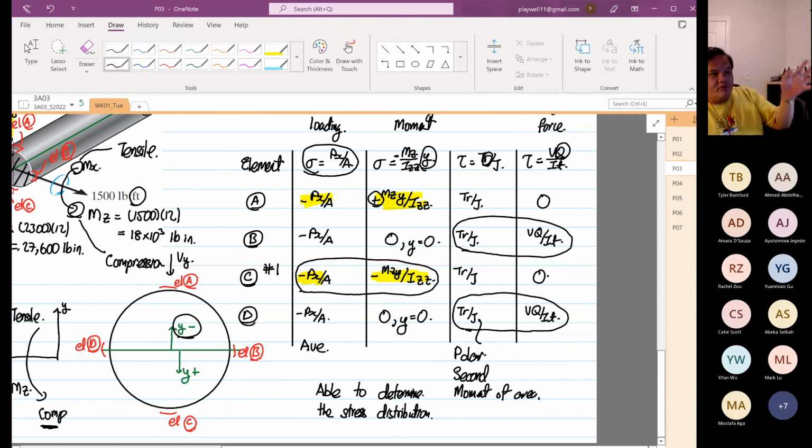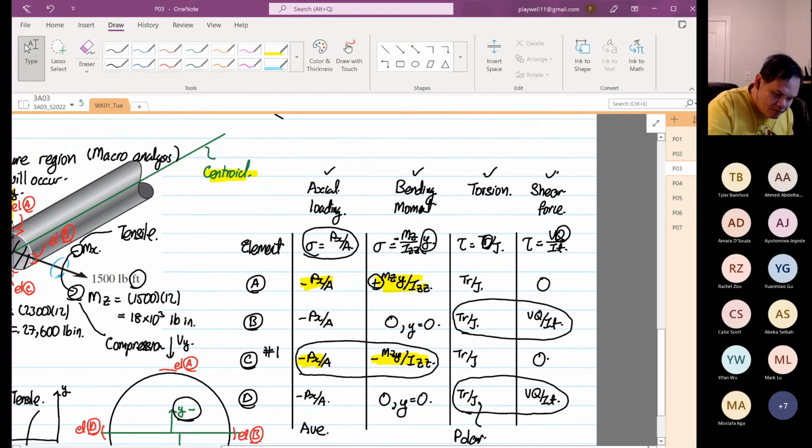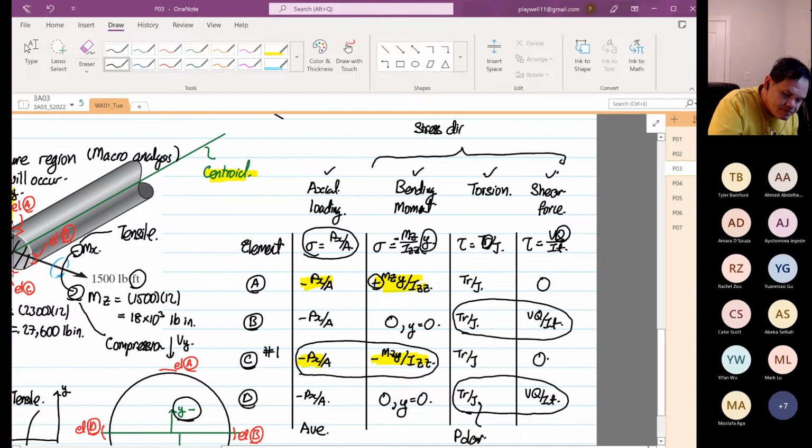Don't worry about the first moment of area. When we get to shearing stress, I will teach you more. With these three formulas, we are able to determine the stress distribution.